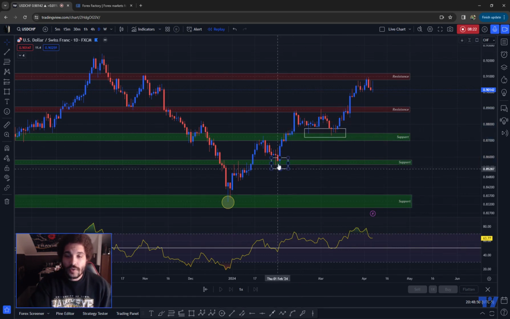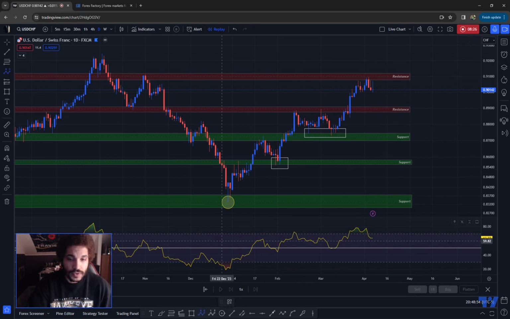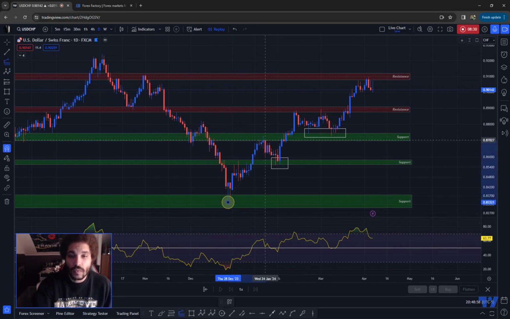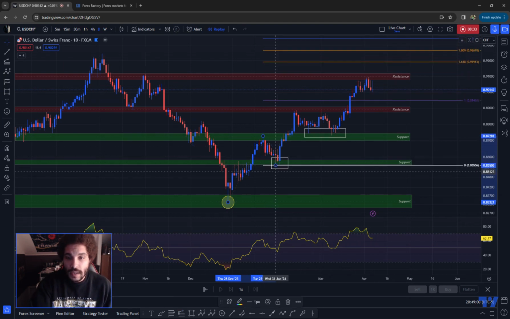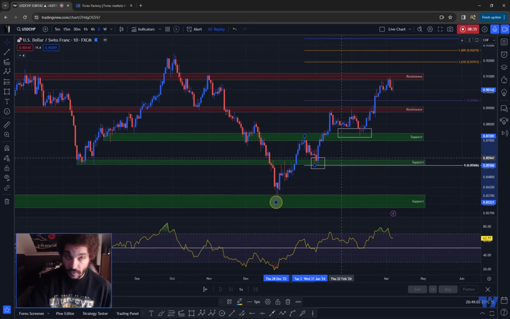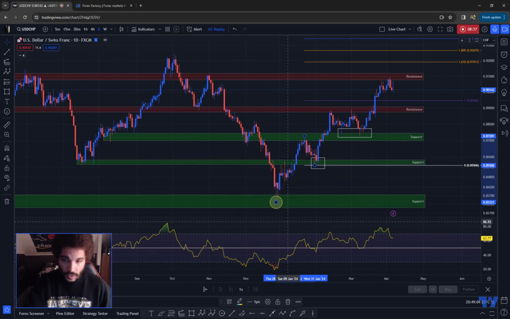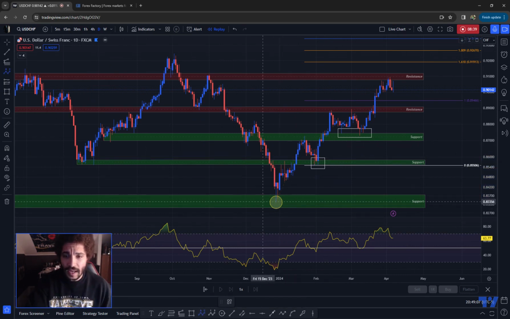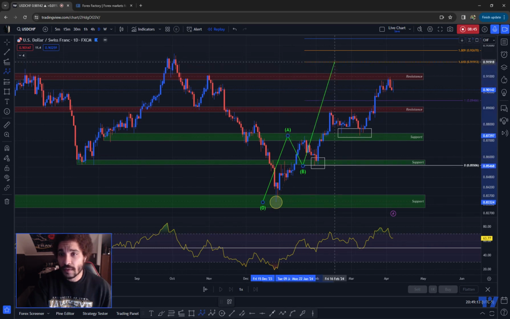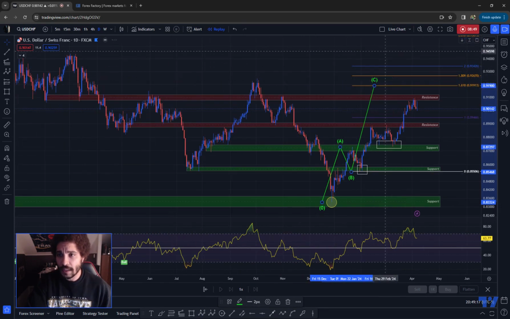Now, on this first correction, we were able to find out that we may actually be looking at an Elliott wave in the form of the correction wave, possibly an ABC move. So what does that mean?